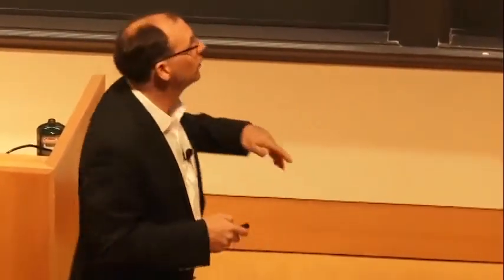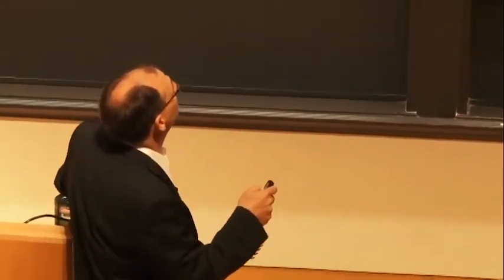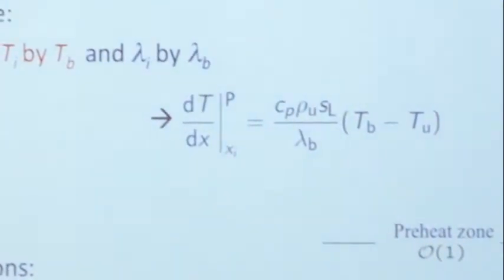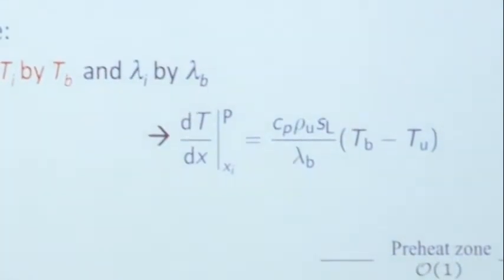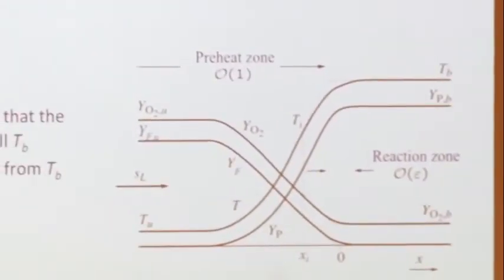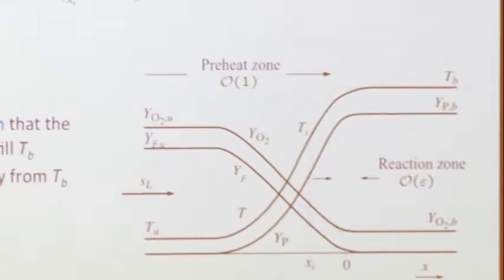In the preheat zone, the solution has this thing here, T_i minus T_u. But for large activation energy, T_i is actually very, very close to T_b. For infinite activation energy, they would be almost the same.